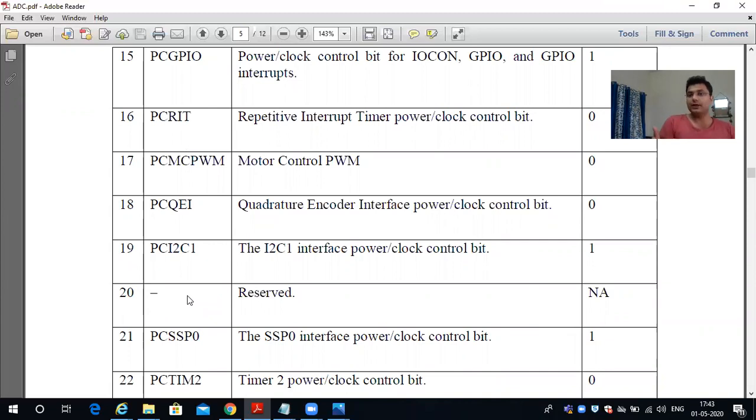So we talk about the peripheral clock in that scenario. The peripheral clock gets its clock frequency from the main clock, so in a way it is dependent on the main clock. There is only one main clock. All the peripherals will sync their peripheral clock with the main clock.